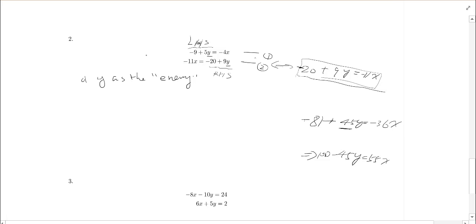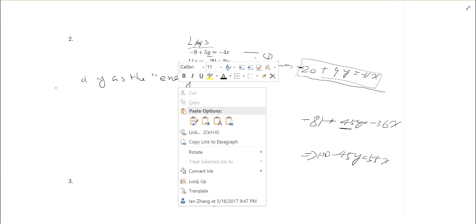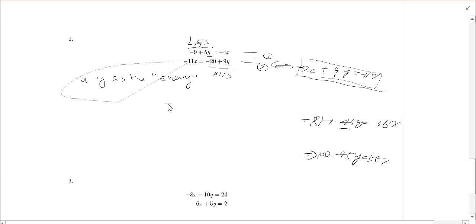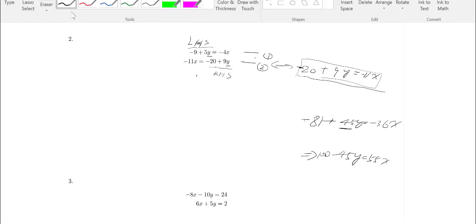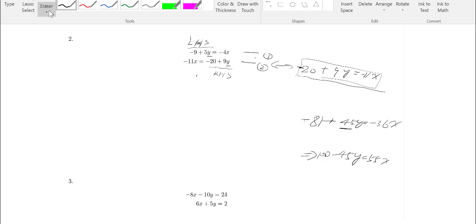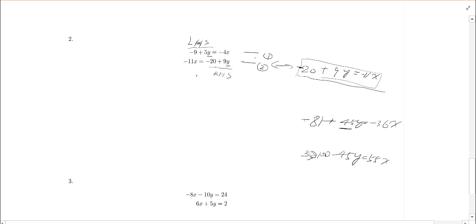So basically, the left-hand side of one equation is added to the left-hand side of the other equation. So basically, we're going to do this. We're going to delete that. Oh no, I'm sorry. I'm going to remove this.